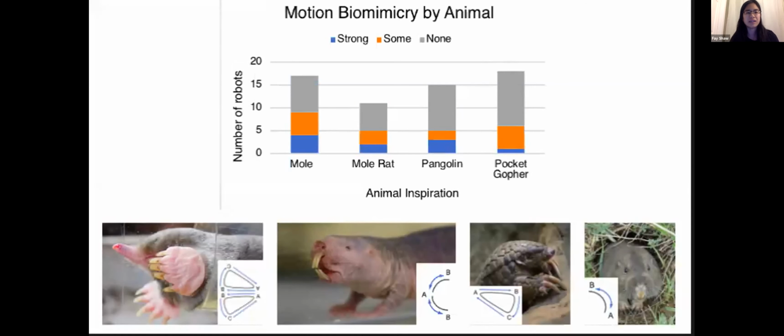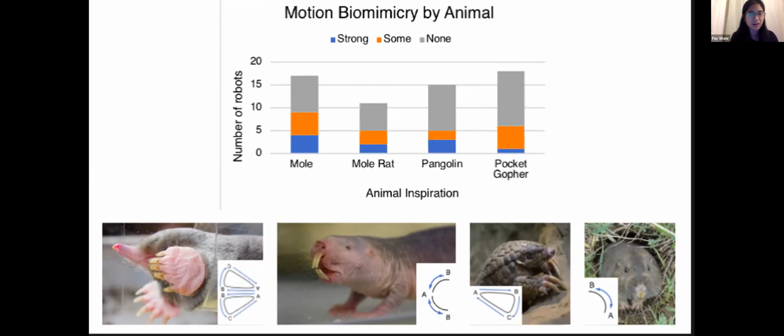Lastly, we don't see a lot about motion biomimicry, but we hadn't emphasized this in the curriculum. In the curriculum, we mostly talked about structure, the structure of the animal that it uses to dig, that supports the digging function. And when we tried to figure out what it meant to be biomimetic, we decided to boil it down to the structure and then this motion.